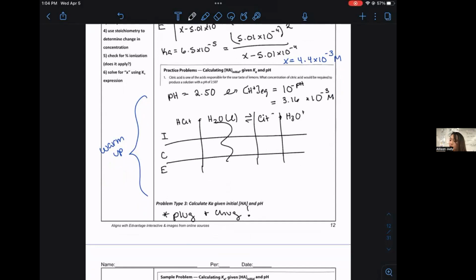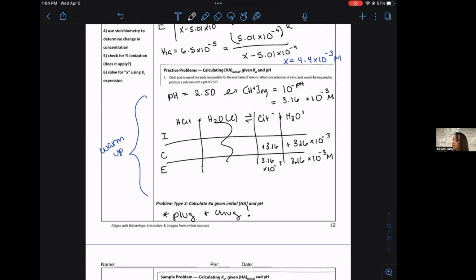So what you should have realized is that you were able to determine the equilibrium concentration of the H from the pH of the solution. You put it into the table, and stoichiometrically speaking you are adding 3.16 times 10 to the negative 3, which means for the other ion you are also getting 3.16 times 10 to the negative 3.